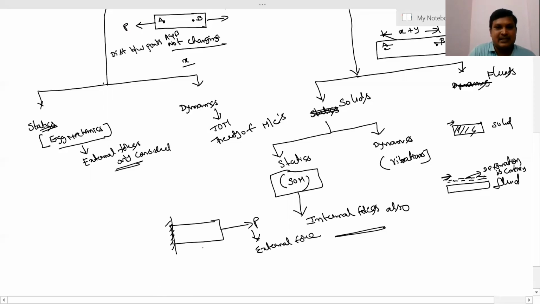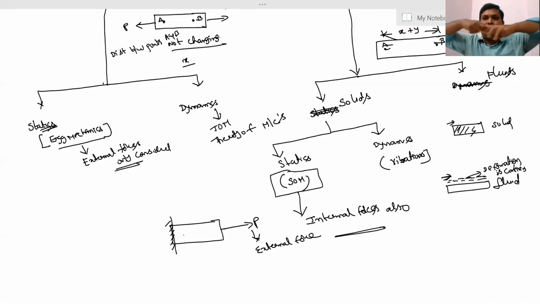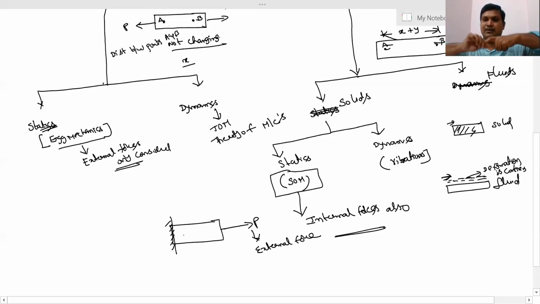To withstand this external force, definitely there should be internal resistance forces generated. For example, this is my hand. If I am applying a tensile force on this finger, to withstand this external force, definitely in this joint an internal force should be generated to withstand this external force.